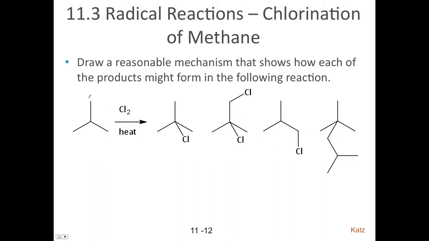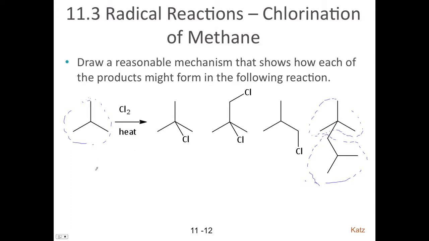Look at this. This sort of looks like this, right? Then what's that? Oh, that could be easy though. Remember, in your termination step, you have to combine things. You have to combine every possible radical.